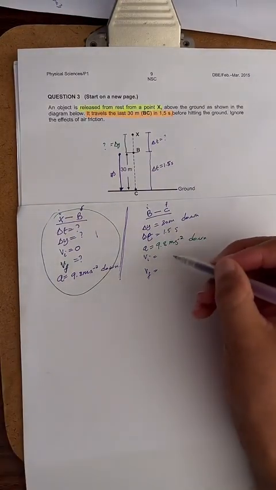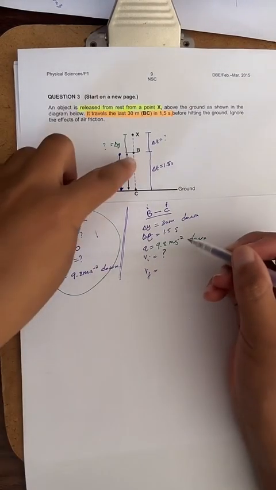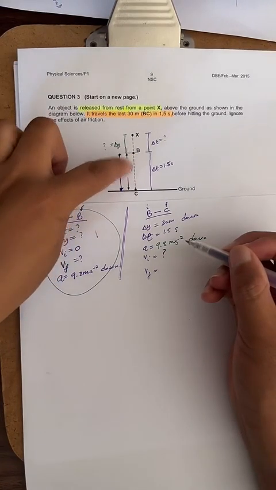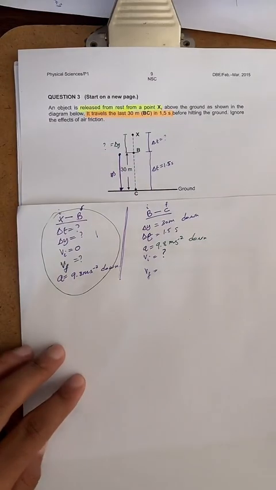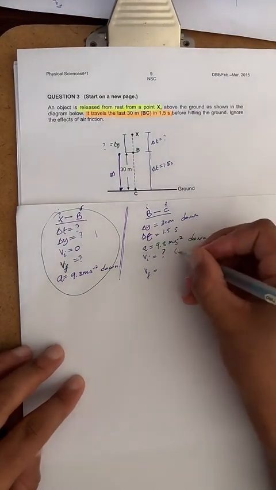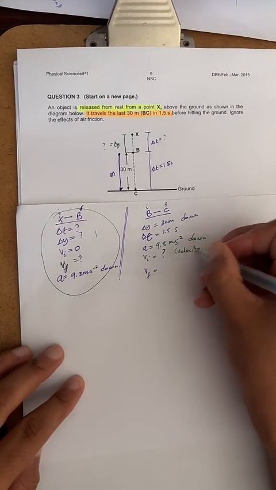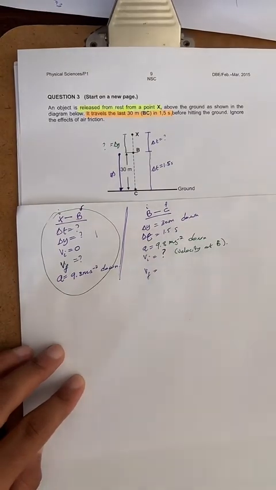Now the initial velocity will be at point B. The initial velocity at B, I don't know it. Remember, B now becomes initial when I'm considering B and C, because that's where I start and this is where I stop. I don't know it. This is the velocity at B, not known.